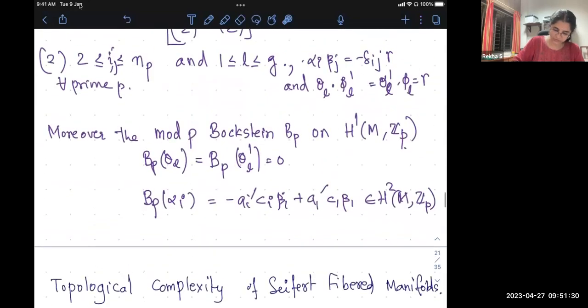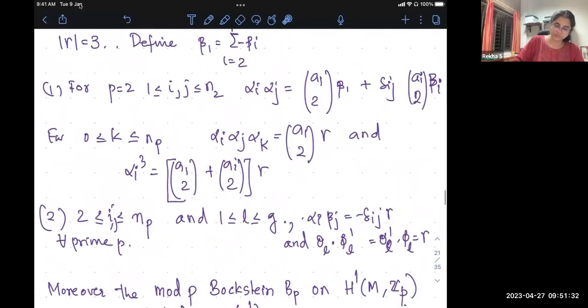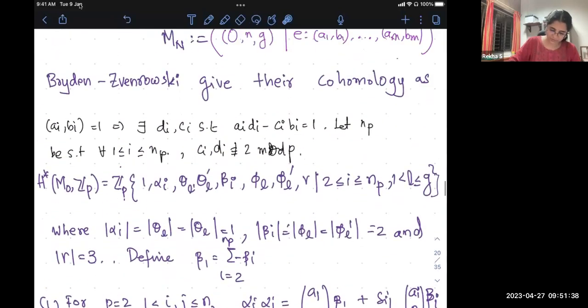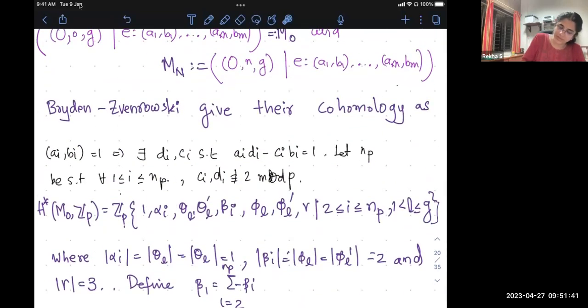I think I've also written down, more generally, if I assume, sorry, I think it's here. So we choose n_p to be such that if we use the fact that this is co-prime and choose some c_i and d_i such that this is equal to 1, then these c_i's and d_i's are not 2 mod p.